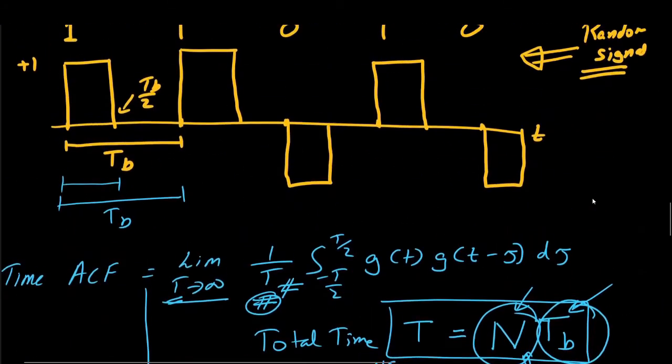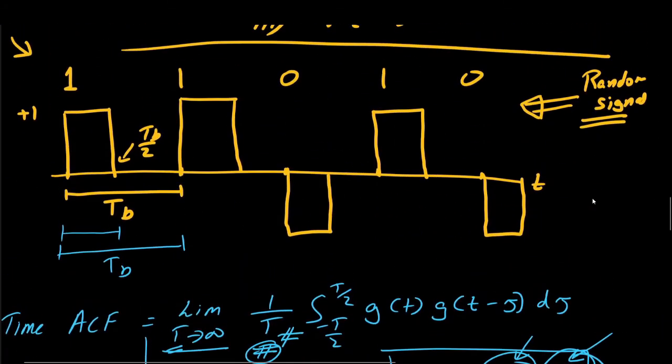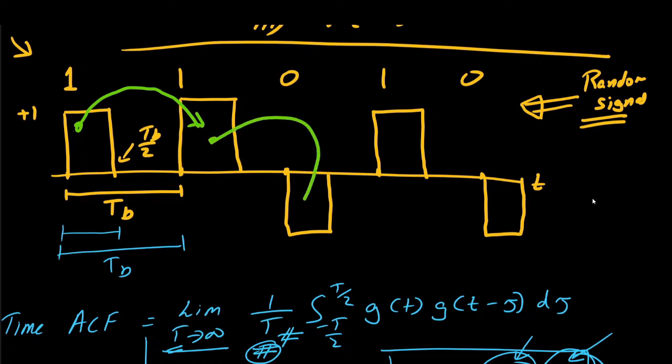This means that the delay of this signal has an effect on the successive bit, and similarly this would have an effect on this bit, and this would have an effect on this bit, and so on.